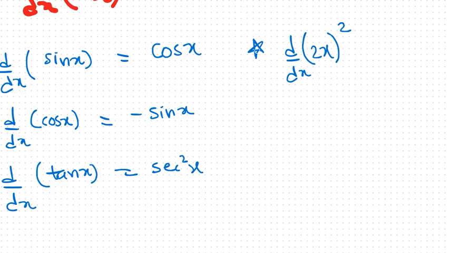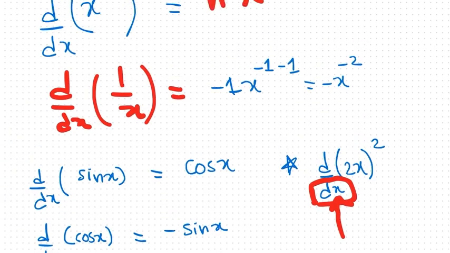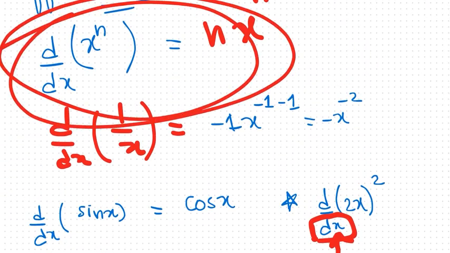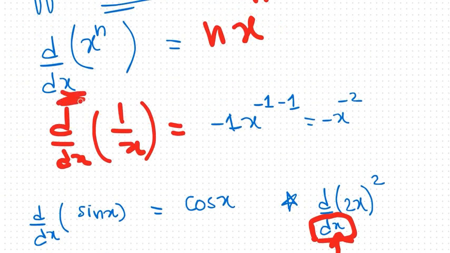See, what we need to first observe is, with respect to what? D by dx, right? In the earlier question also, the main formula is d by dx of x power n will be like this.